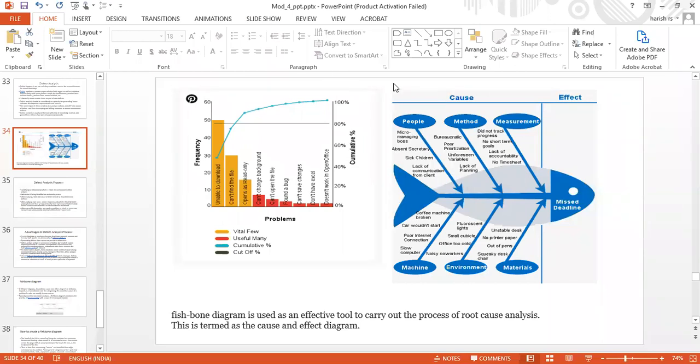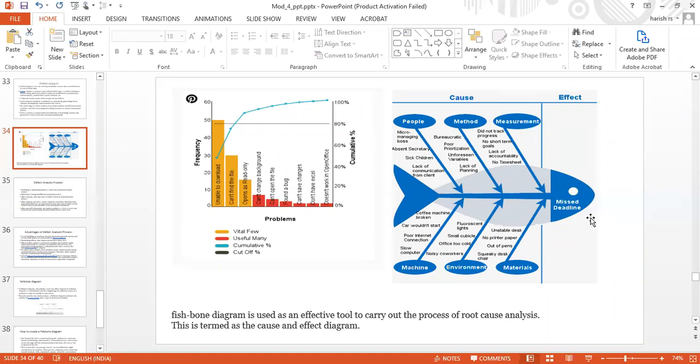For example, if X is a problem, we find out who the people are, what methodology was used, and what methodology they used so that this problem arose.